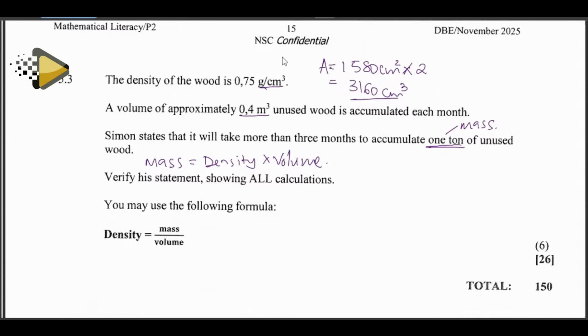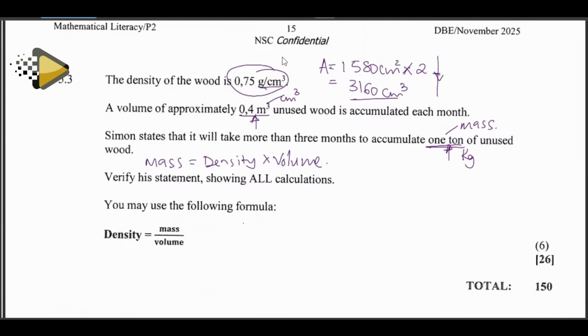All right, we didn't need to use this, but it's fine. The volume is given to us already, but it has to be in centimeters cubed. Why? The density that we are using is in grams per centimeter cubed, and the answer we are looking at is in kilograms. 1 ton is 1,000 kilograms. So let's look for mass using the volume.